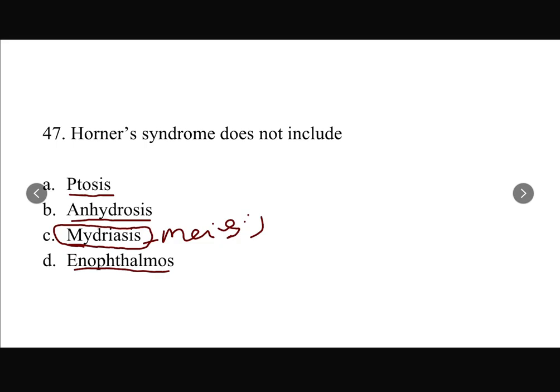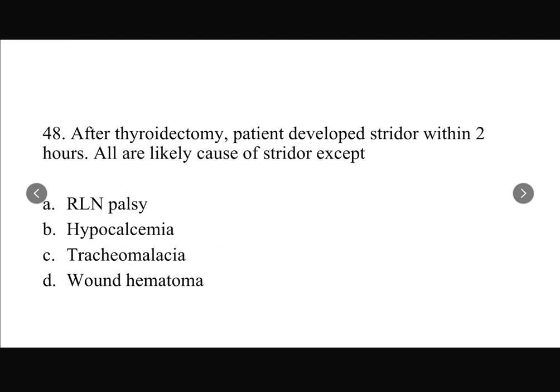lost the sympathetic control. After thyroidectomy, the patient developed stridor within 2 hours. All are likely causes of stridor except. RLN palsy, yes, the patient can have stridor because of adduction of the vocal cords.